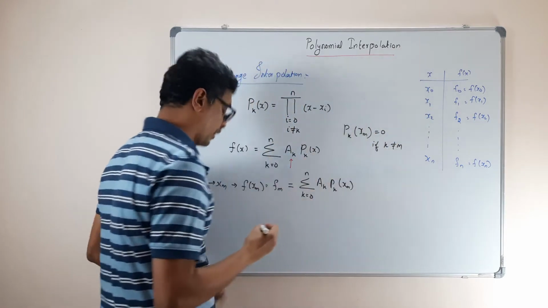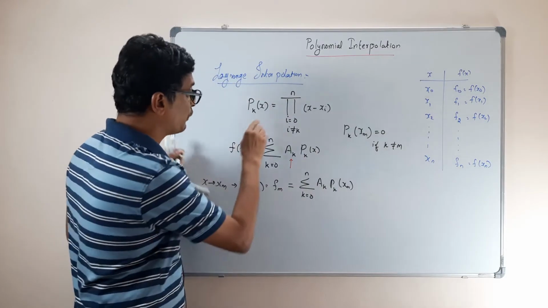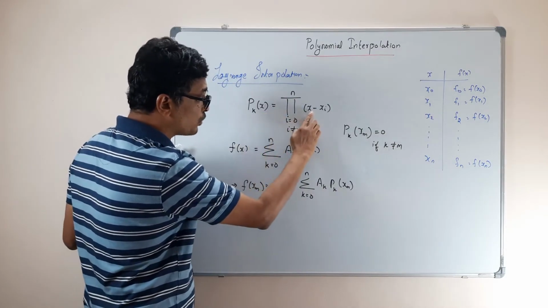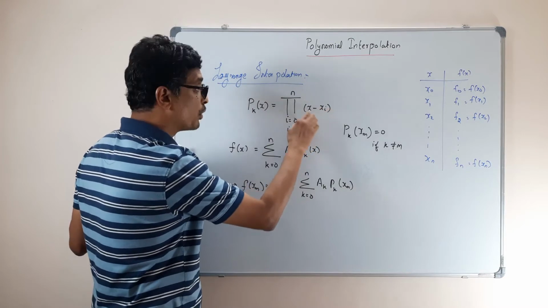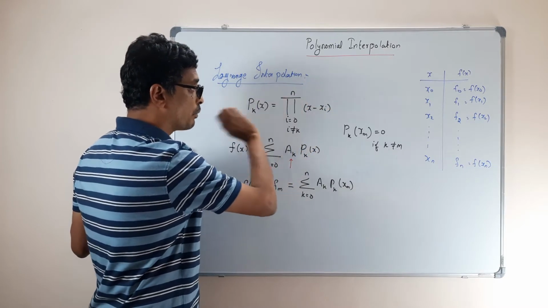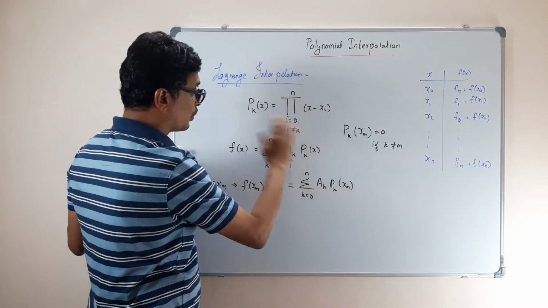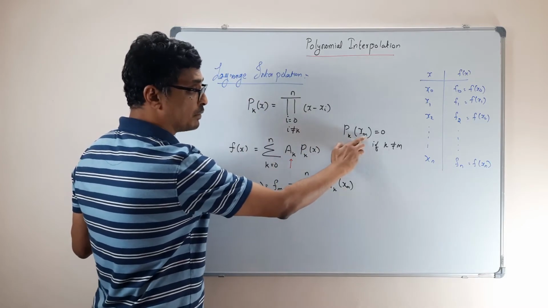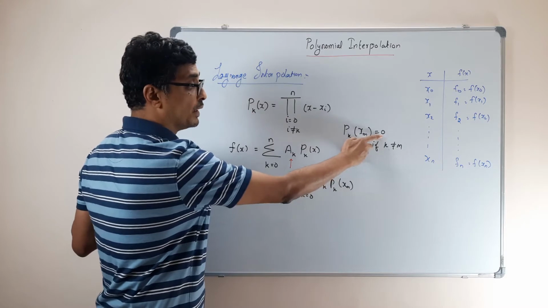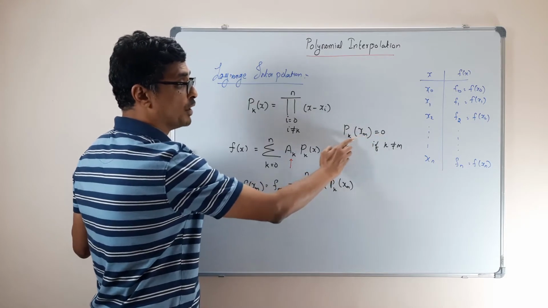In that case we have pk of xm equal to 0, because if k is not equal to m, there will always be one term xm minus xm that comes out, and that makes the entire product 0. So if you want pk of xm to be non-zero, the only way is for m to be equal to k.